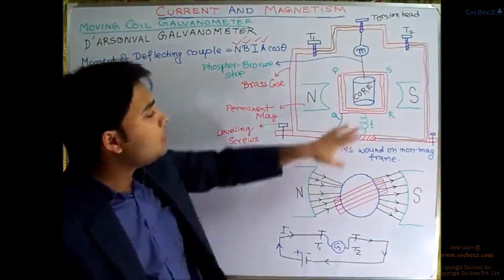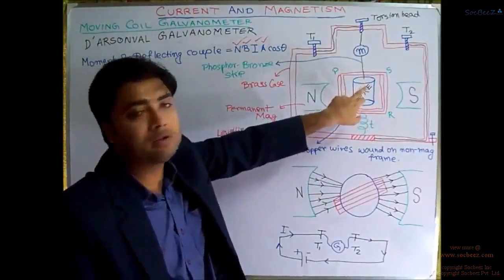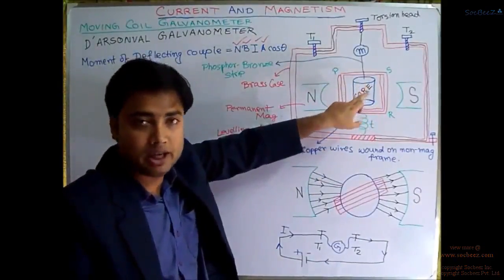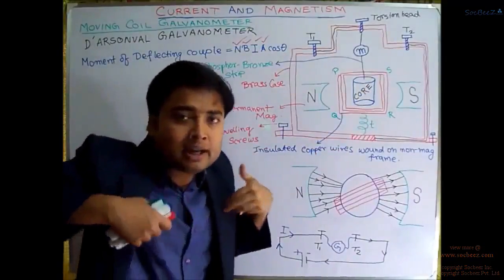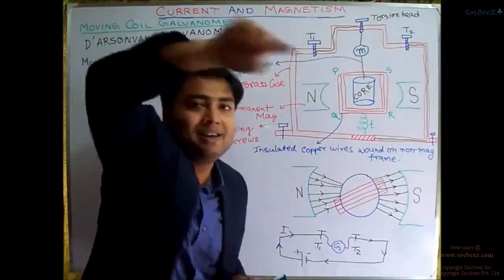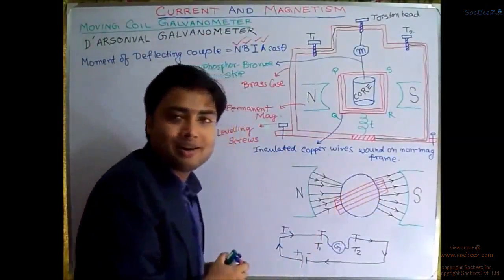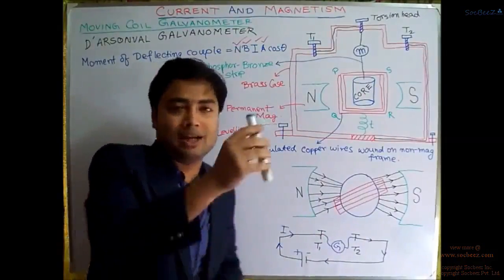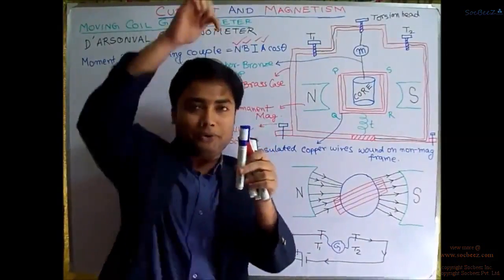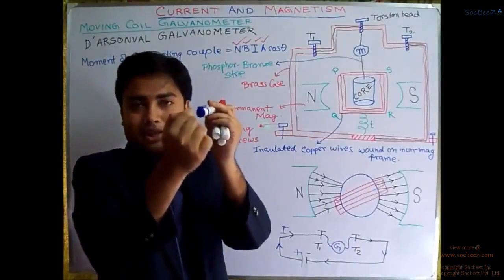right? If this is the cylinder, obviously this is the core, it is actually in the shape of a cylinder. When you take the top view of the cylinder, you will only see the head, the circle one. For example, if this is the cylinder and you take the top view, you will see it like this, that this is only the circle.